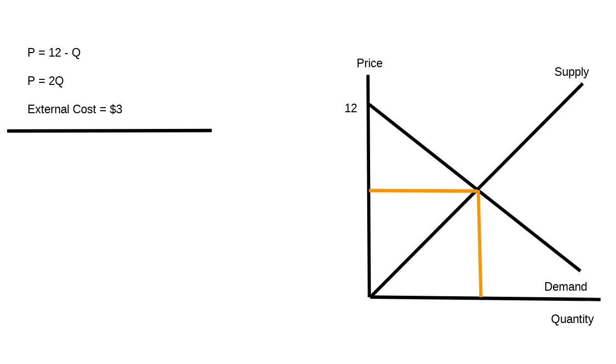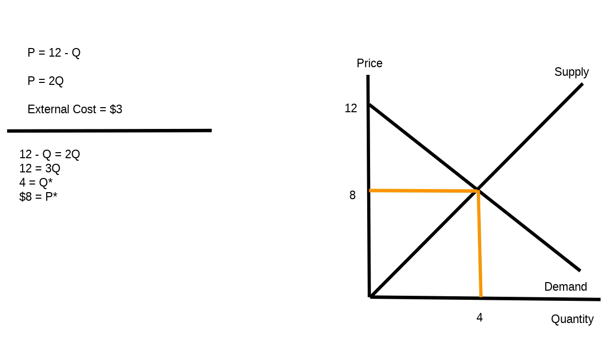Okay, so we get that 4 is the equilibrium quantity, and then the equilibrium price will be $8. So it's 8 and 4.